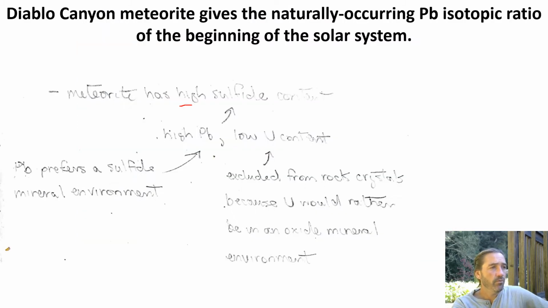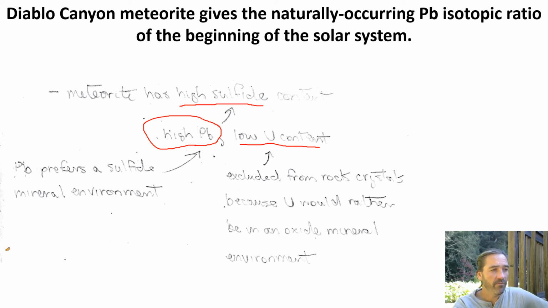And so now we're dealing with some chemistry here. The fact that this meteor had such a high sulfide content, a chemist knows that this is somewhere that you can find a high amount of lead and essentially no uranium. Uranium does not like to bind with sulfur.